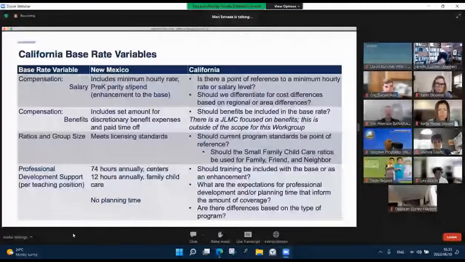What I'm hearing from the group is that what we have reflected based on the current market survey is not adequate in that it's too low. So something above where that has landed is going to be important.